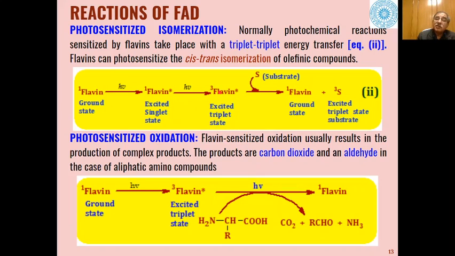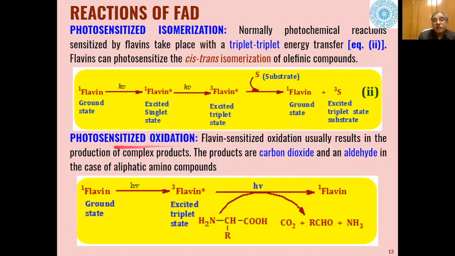And in the excited triplet state, these flavins, they will interact with the substrate, and they will reach again to the ground state, and this substrate will become excited in the triplet state, and in the excited state this will further lead to the formation of cis trans isomerization products. So this is how we can get different types of cis trans isomerization reactions.